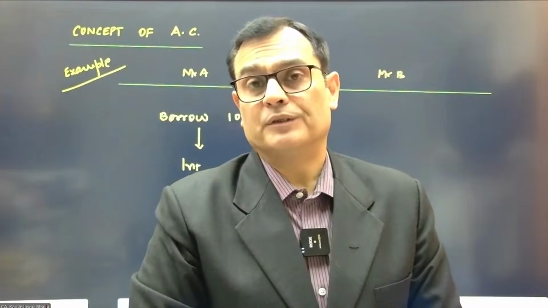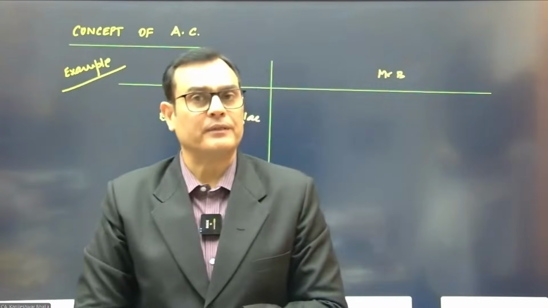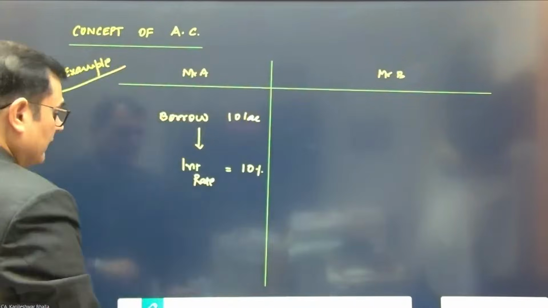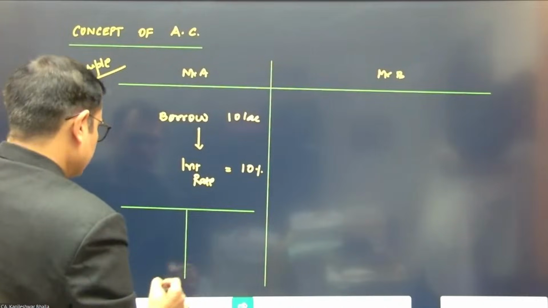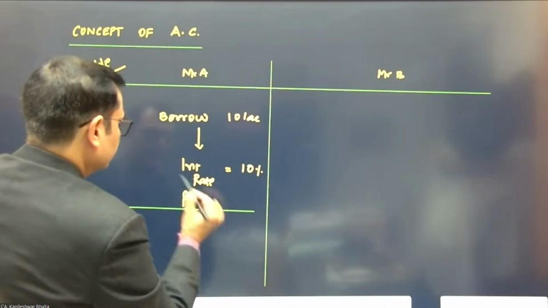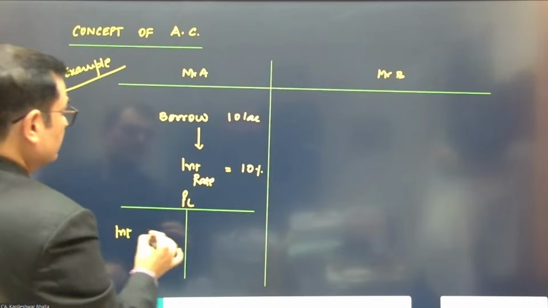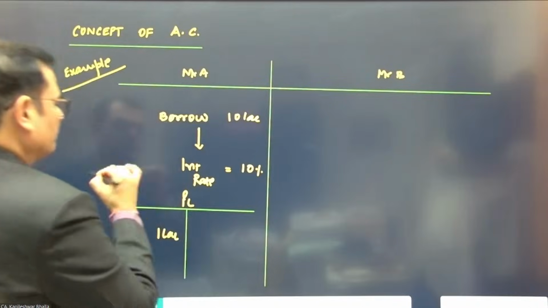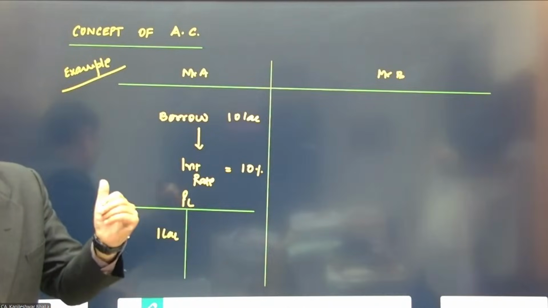People tell him that if you want to borrow this money, you need to pay interest at 10% per annum. So would you like to tell me how much interest is he going to charge in the profit and loss account every year? Is he going to charge interest every year at the rate of 10% on 10 lakhs? That is 1 lakh rupees. Is my understanding correct? I think you'll easily vouch for that. That's right.